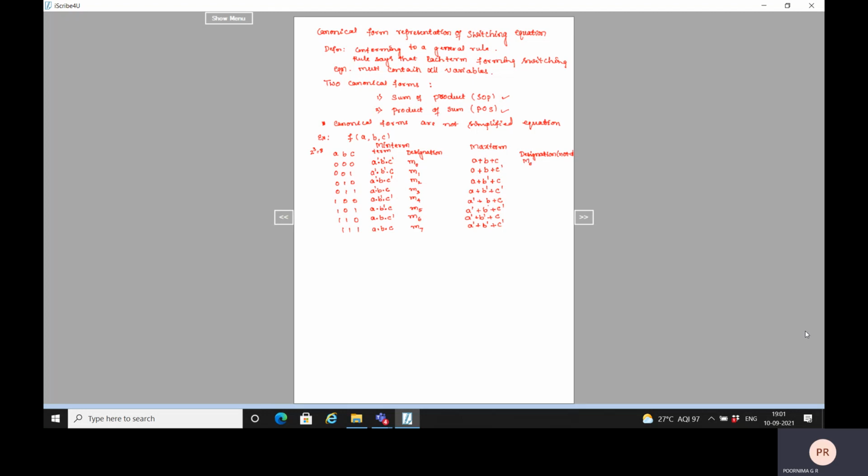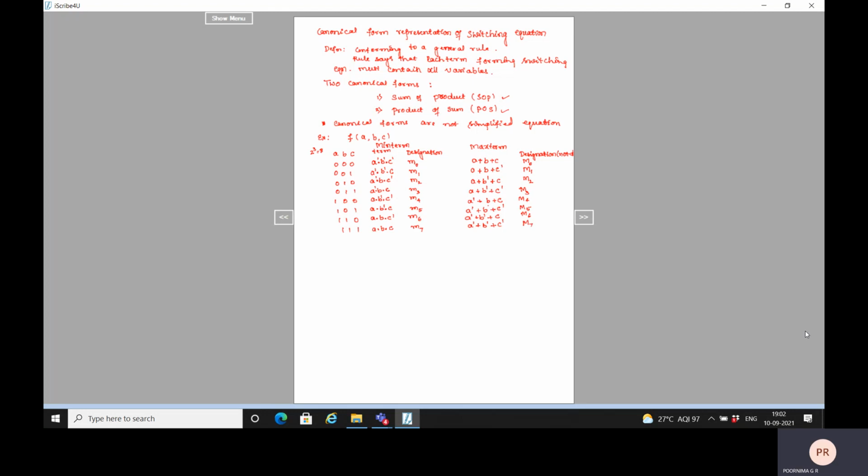Since the first term is A plus B plus C, the notation we'll be using to represent this max term is M0. The next one is M1, M2, M3, M4, M5, M6, M7.